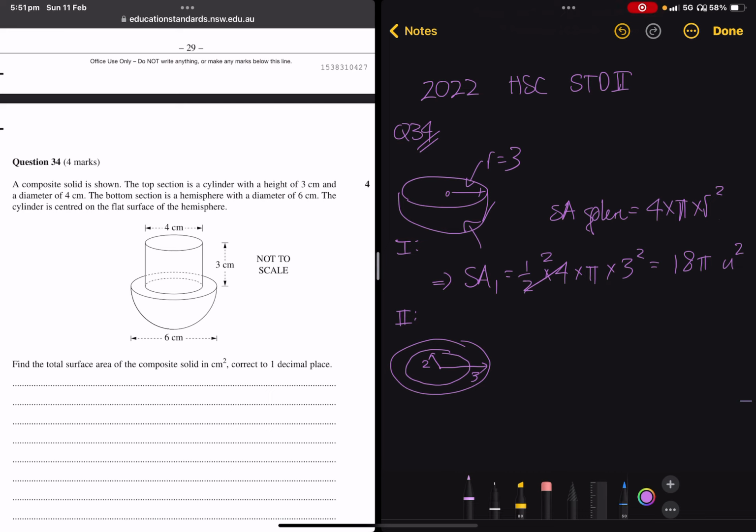The area of this annulus is going to be the difference between those two circle areas. So surface area, we'll call this shape 2, is equal to the area of the big circle, which is pi r squared, that's 9 pi, minus the area of the little circle, which is pi times 2 squared, which is 4 pi. 9 pi minus 4 pi is 5 pi.